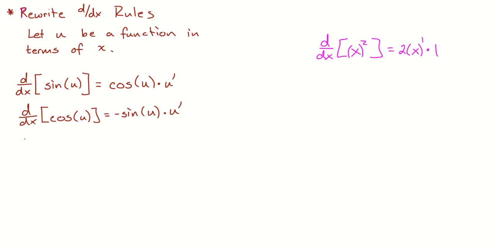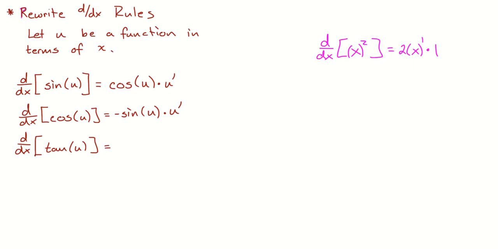Okay, one more that I'm going to write, and then I'm going to challenge you guys to write the other 3 here from memory first, but you might have to check. Tangent of U. What is the derivative of tangent?